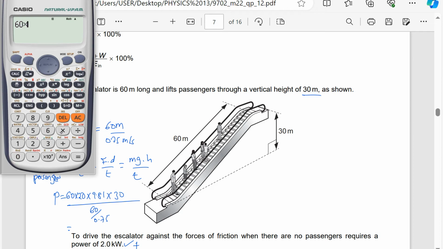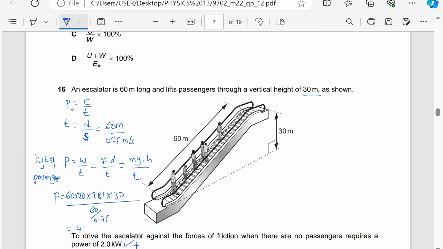So I have 60 times 20 times 30 times 9.81, and I divide this by 60 divided by 0.75. So this is 4414 or 4,400 watts. That is the power to lift passengers alone through a vertical distance of 30 meters.